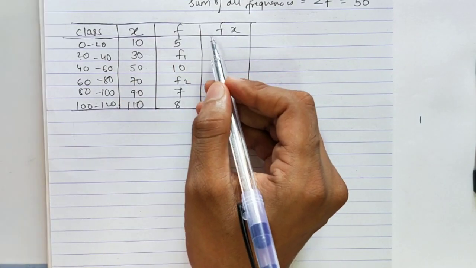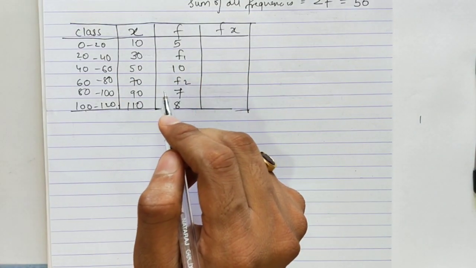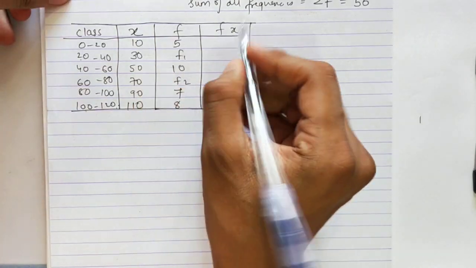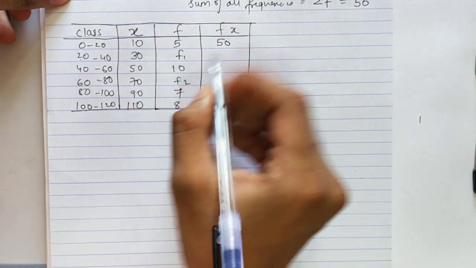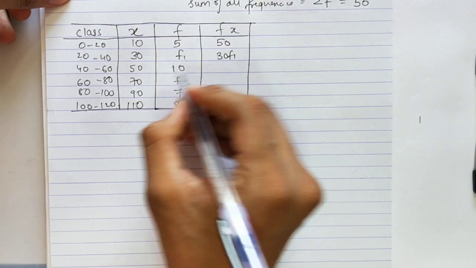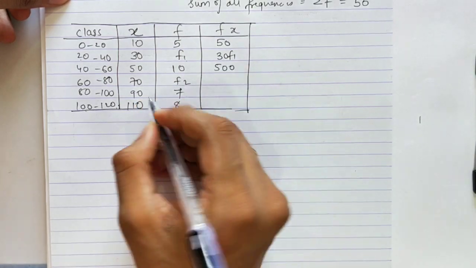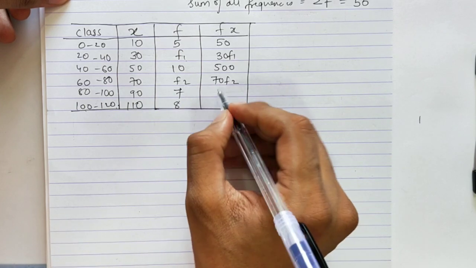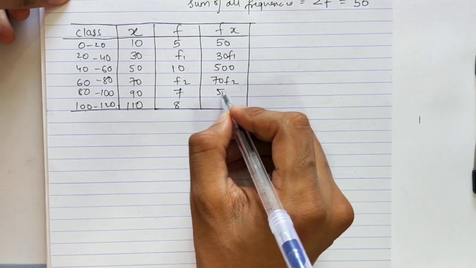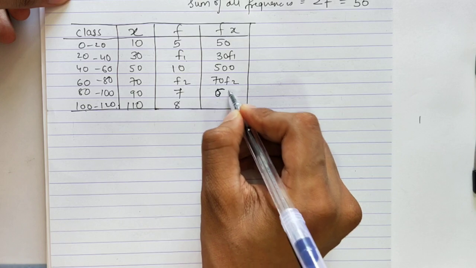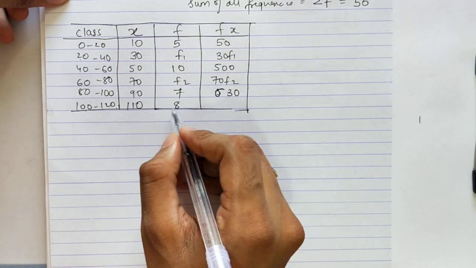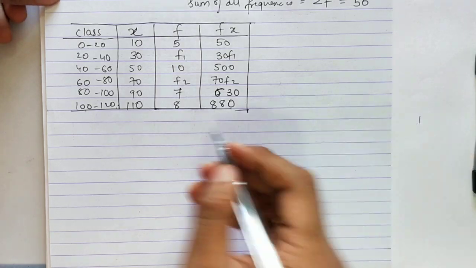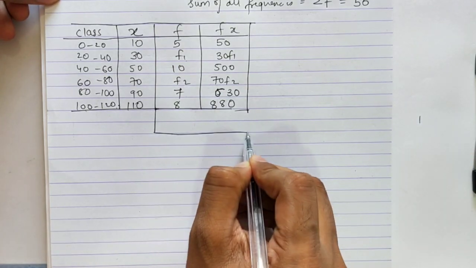Now fx, how to find fx? Multiplying these two values. So let's multiply: 10 into 5 is 50, 30 into f1 is 30f1, 50 into 10 is 500, 70f2, 9 sevens are 630, and this is 880.